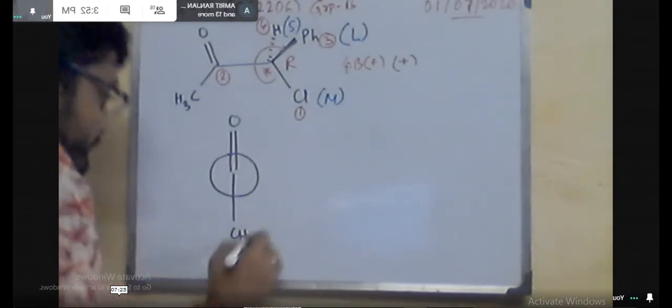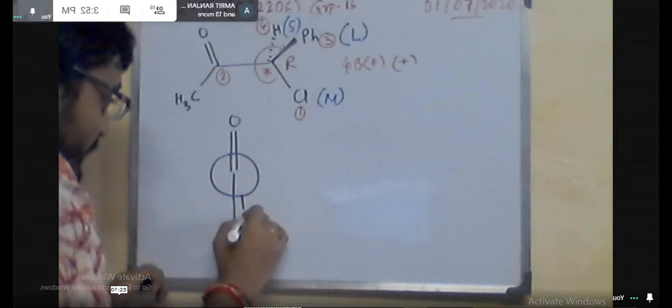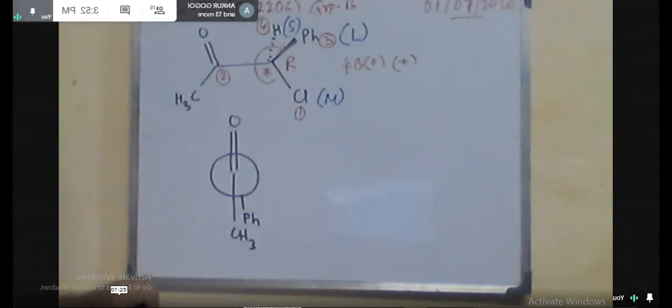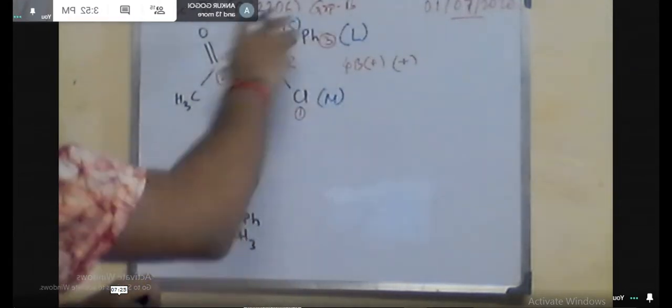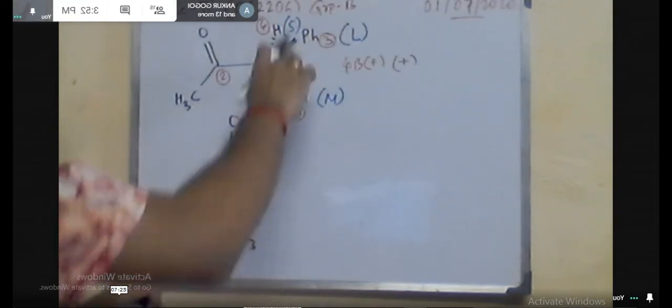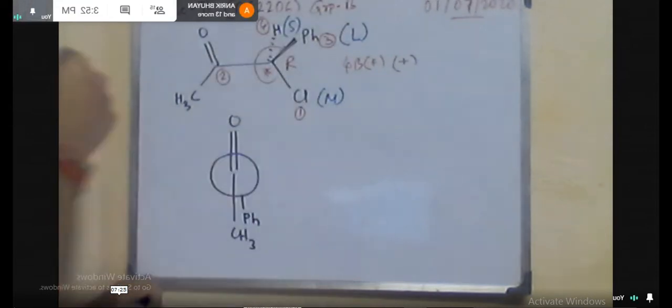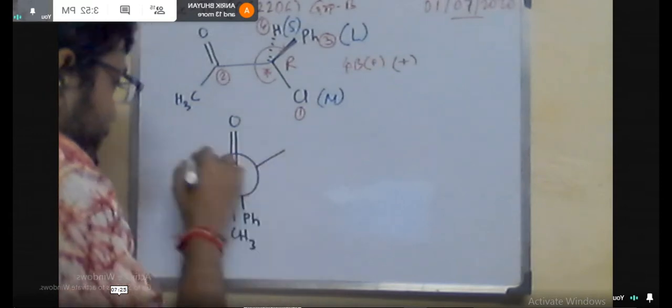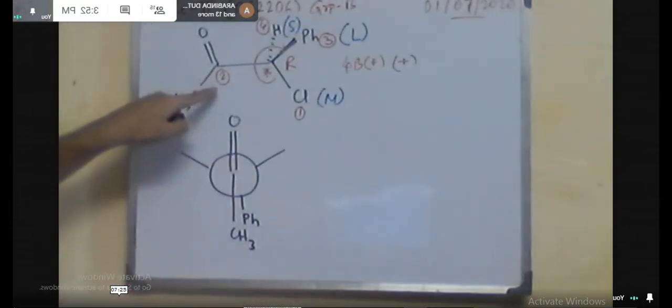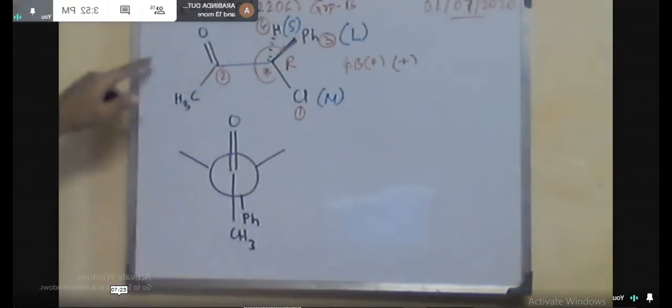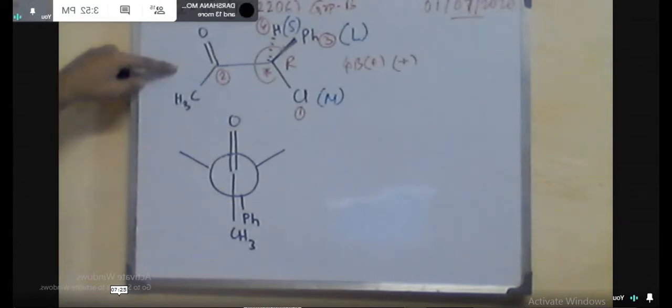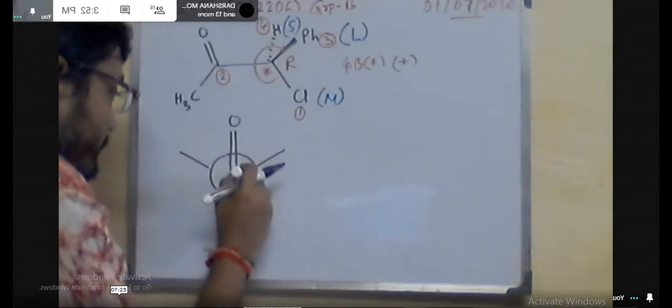This is the convention. Now if 2F minus and the configuration is R, then the rotation of the rest of the 3 groups should be minus. So minus means 3, 1, 4 like this way. Here this is the chlorine and this is the hydrogen.